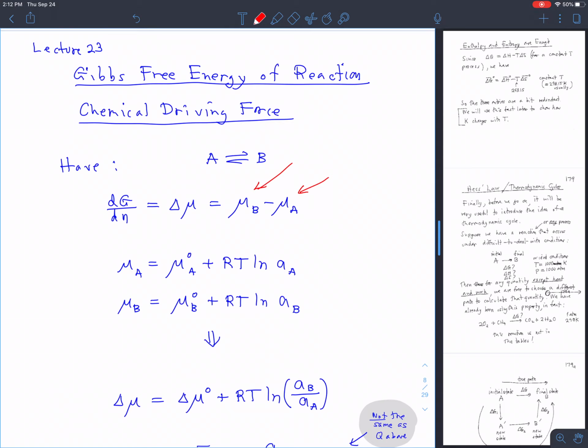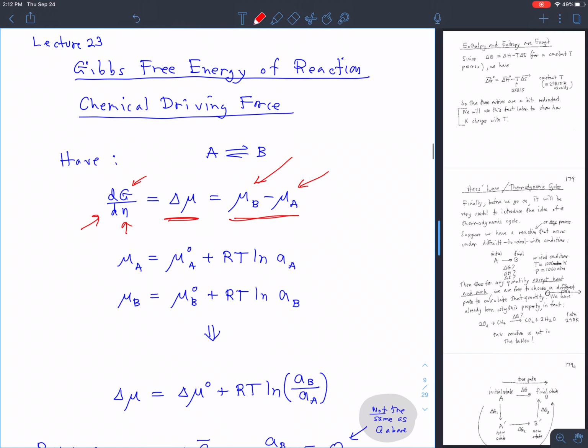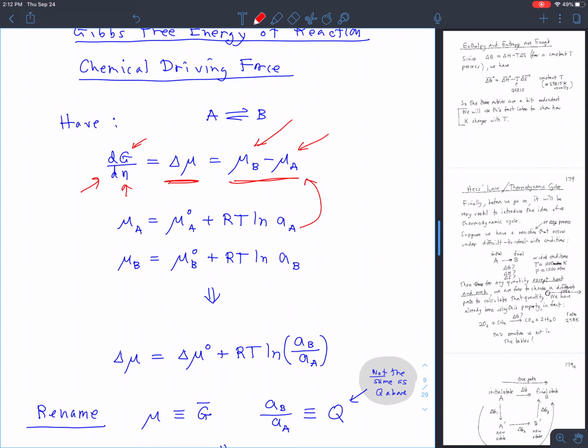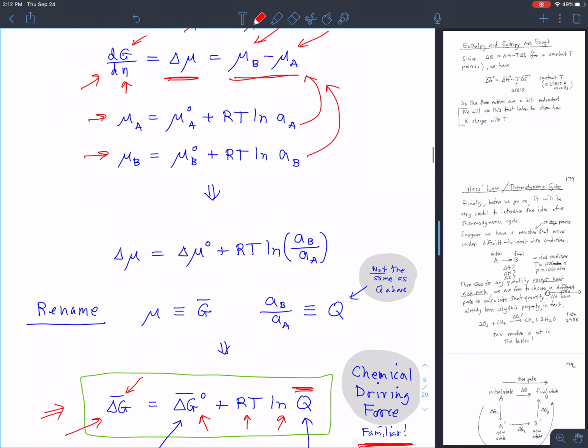So for the simple case, first of all, we already have that the rate of change of the Gibbs free energy with respect to mole numbers is equal to the difference in the chemical potentials between the two sides. Now we just plug in our expressions for the chemical potential equations of state for species A and the one for species B, and then it's just algebra.